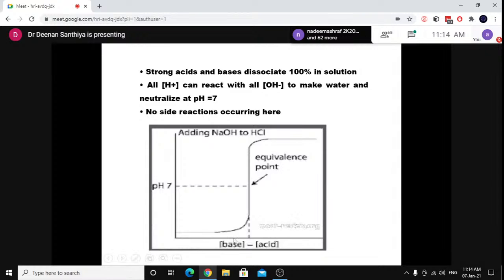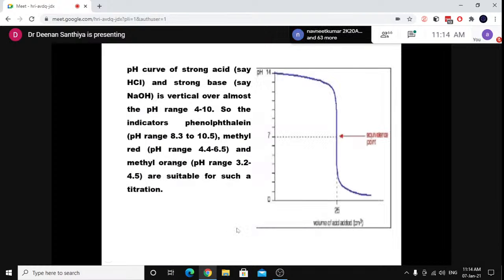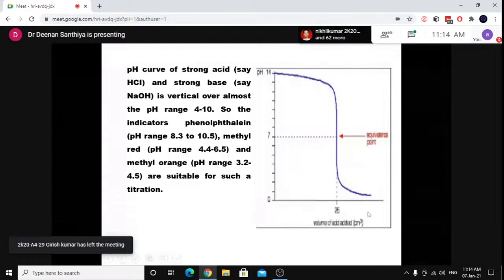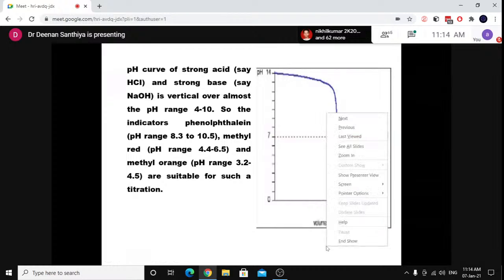So here the methyl orange. The next you can see here is the volume of acid added.